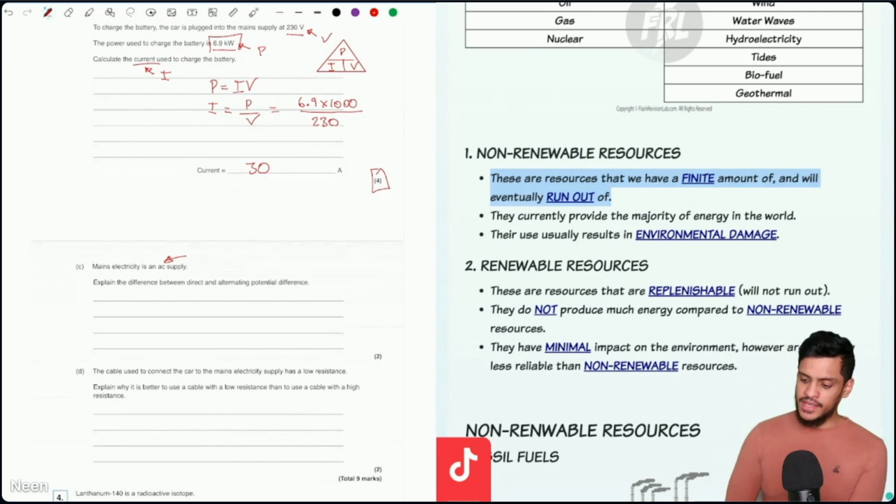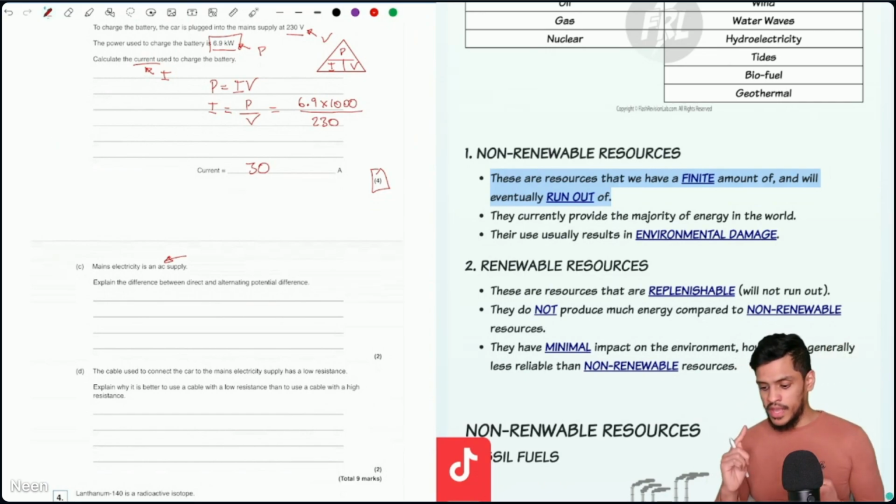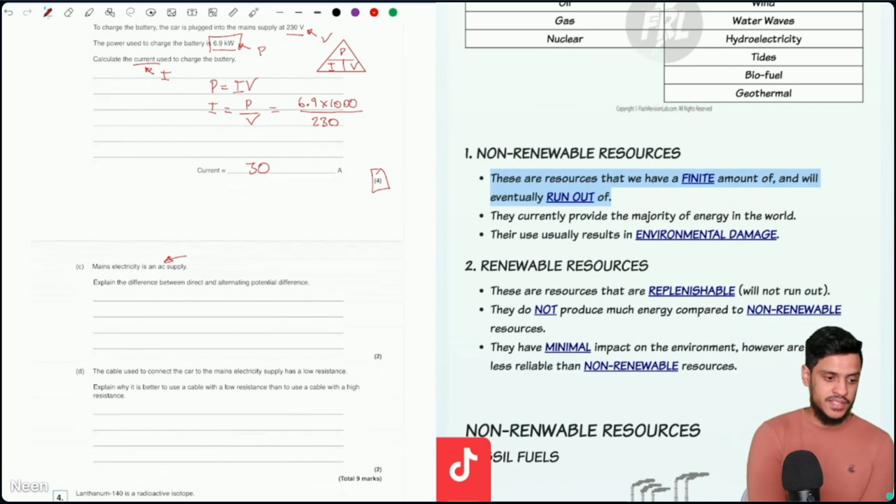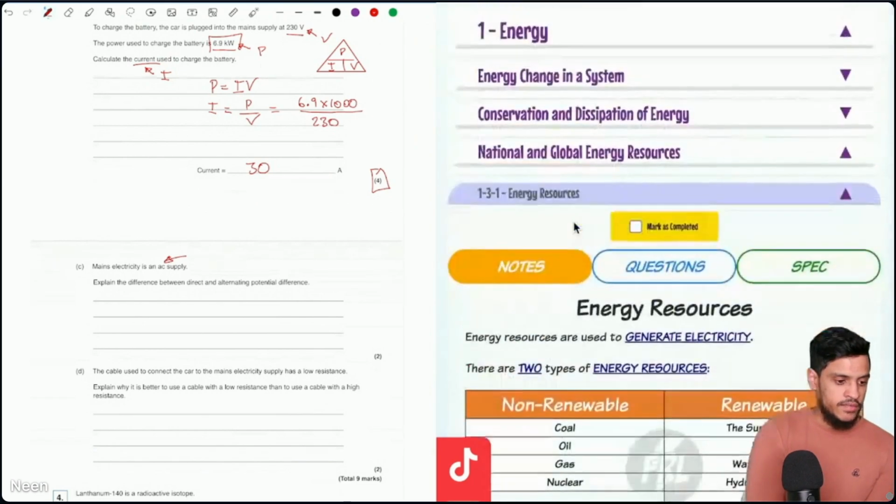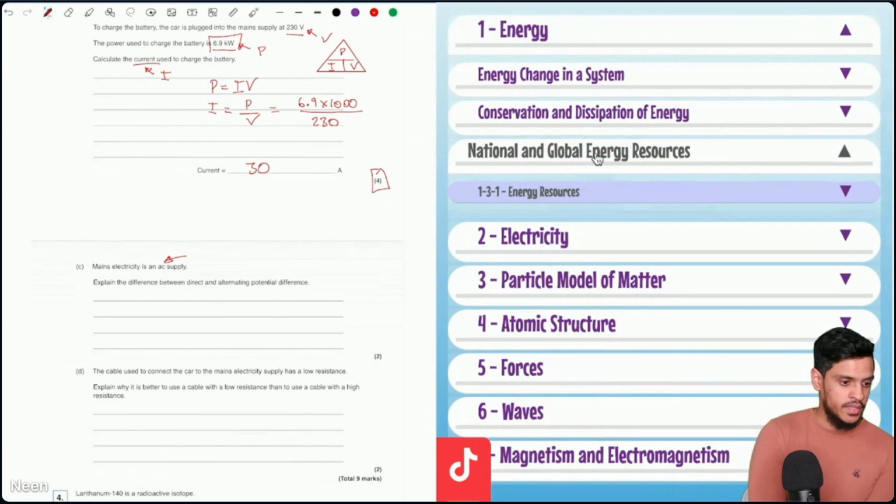Mains electricity is AC. Explain the difference between AC and DC, direct and alternating potential difference. What would you guys say for that? For 2 marks, you just need to say what AC is and what DC is. That's enough for 2 marks. Let me know what you think.